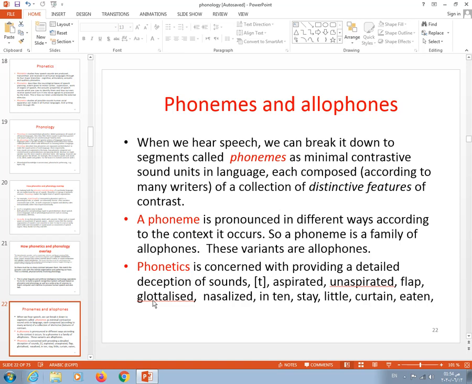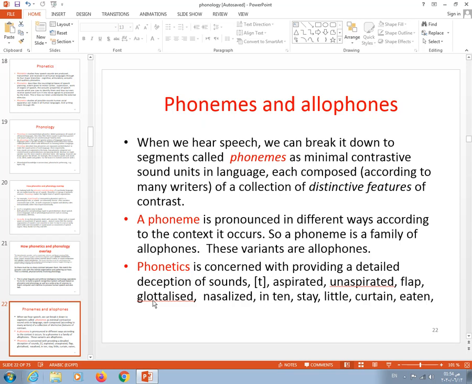Each phoneme is composed of a number of distinctive features. For example, a sound such as b is a bilabial, voiced, stop sound, and has other features. The totality of these features is what makes a particular phoneme a phoneme.